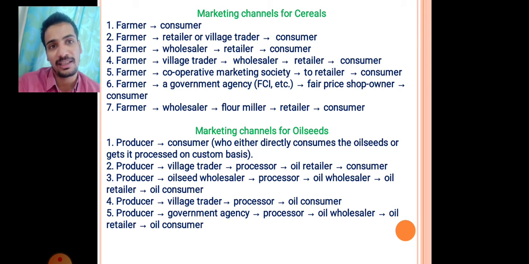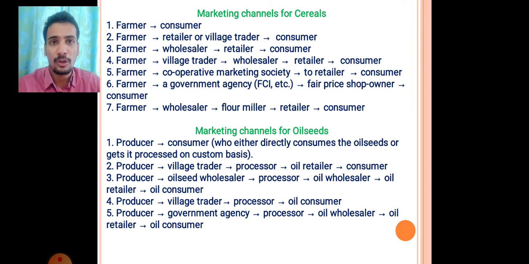It needs processing. The first channel is producer to ultimate consumer, who either directly consumes the oilseed or gets it processed on a custom basis, even at home. The second channel is producer, village trader, processor, oil retailer, and consumer. Third, producer, oilseed wholesaler, processor, oil wholesaler, oil retailer, and consumer. Fourth, producer, village trader, processor, and consumer.